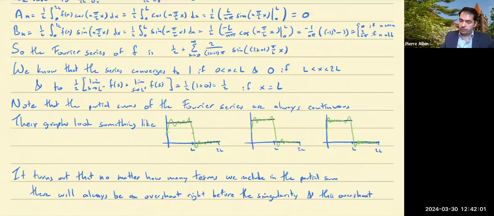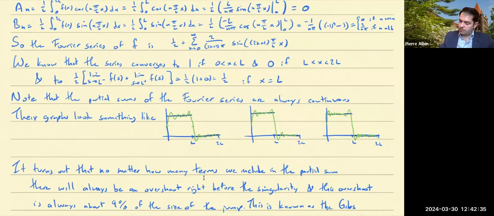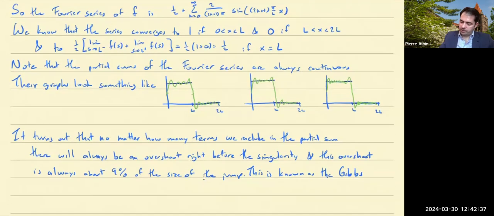And this overshoot is always about 9% of the size of the jump. Right? This is known as the Gibbs phenomenon.